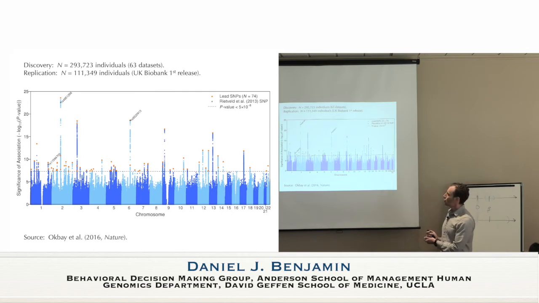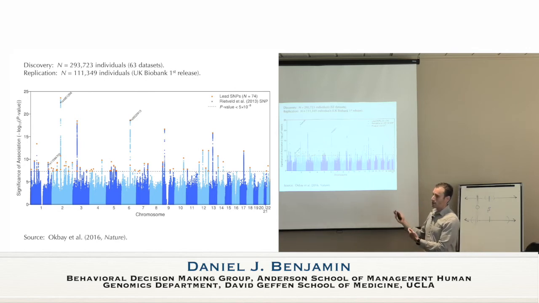During the process of revising this paper, the first release of the UK Biobank came out. The UK Biobank has 500,000 people, but it actually came out in 2 stages, and the first release was 150,000 people. Of those, there were 110,000 to 111,000 with EA measured, and they were of European ancestry and passed the quality control. And we used those as a replication sample in this GWAS.